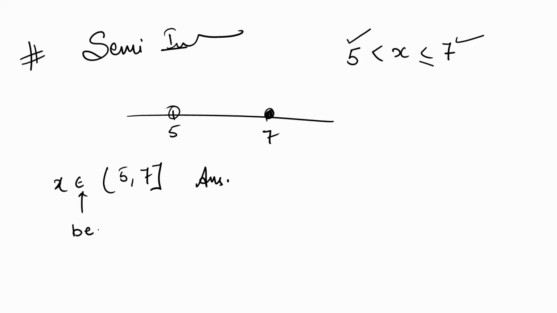See, we don't want x equal to 5, so here this will remain open, we will use the open bracket, and we want x equal to 7, so the entire region from 5 to 7 will be shaded. Okay, so this is our answer.